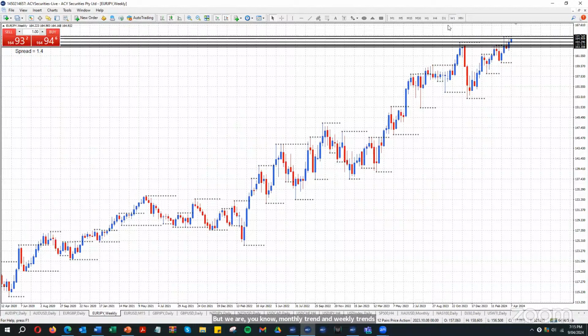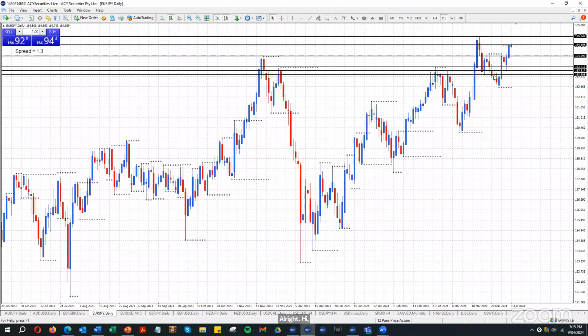All right. Higher bottoms, higher tops here. We have a higher top and a higher bottom coming in here at the moment on the daily. But the market is holding here at the moment.